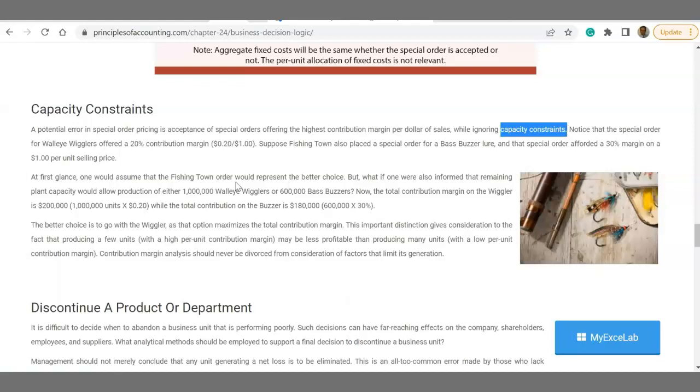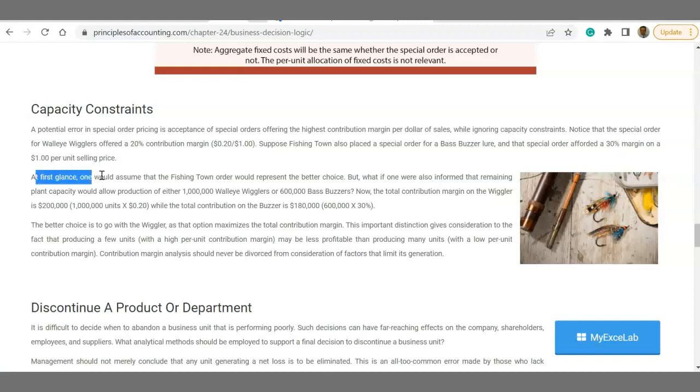Notice that the special order for Valley Wigglers offered a 20% contribution margin, which is 20 cents. Suppose Fishing Town also placed a special order for bass buzzer lure, and that special order offered a 30% margin on a $1 per unit selling price.